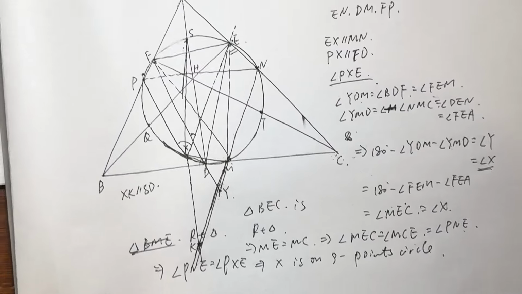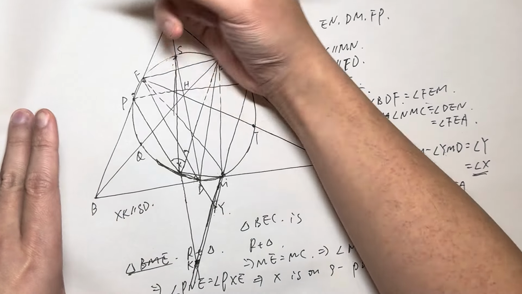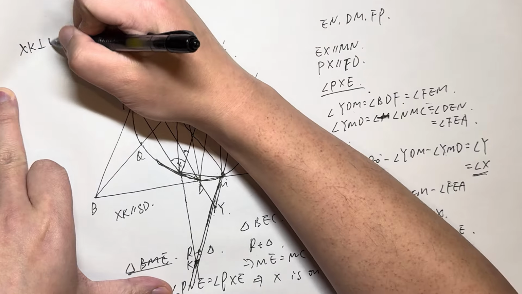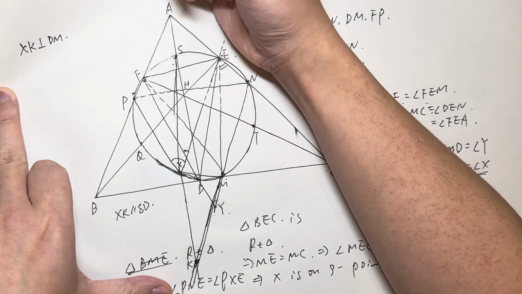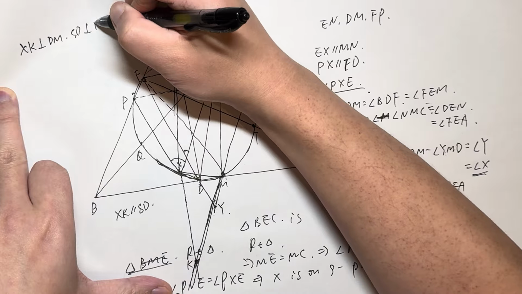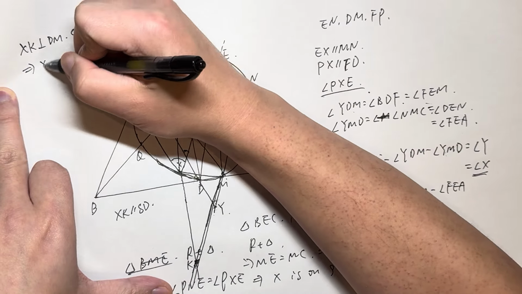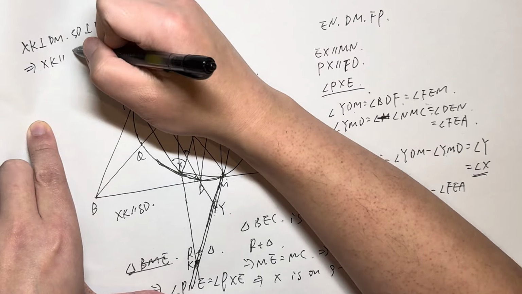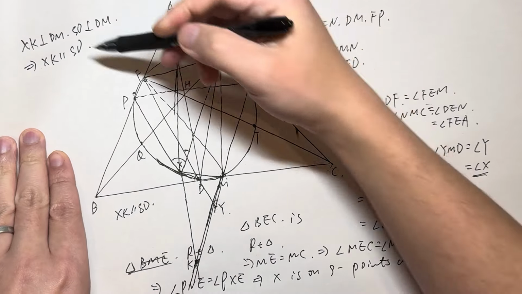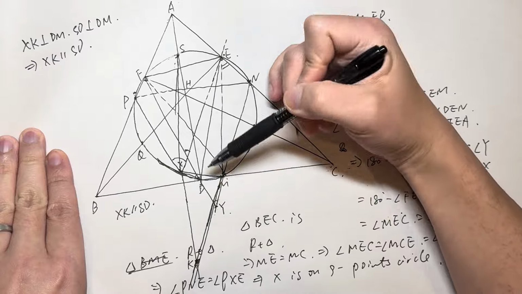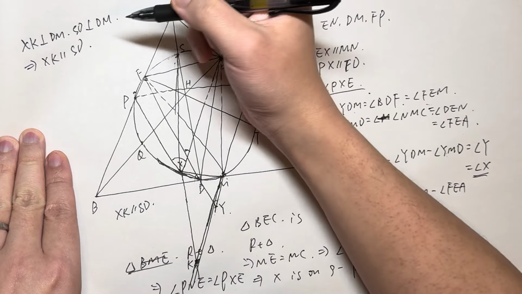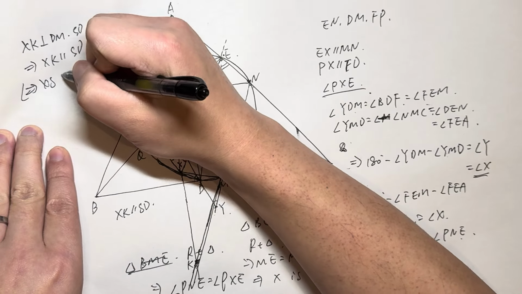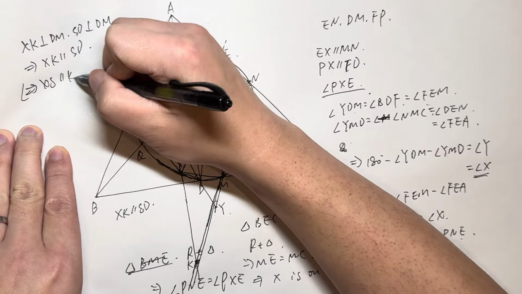Let me write it down so it's easier to follow. We know that XK is perpendicular to DM, and we know that SD is perpendicular to DM. So we know that XK is parallel with SD, right? And we want to prove XKDS is a parallelogram, so we just need to prove that XS is parallel with KD.